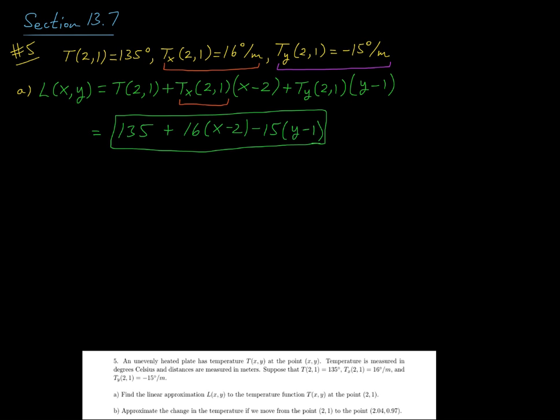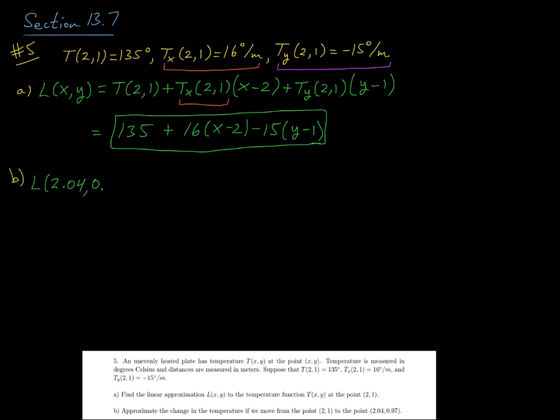And now, moving on to part B, it says, approximate the change in the temperature if we move from the point (2,1) to the point (2.04, 0.97). Okay, so one way to do this is just to use our linear approximation function we just derived. All I'm going to do is plug in the coordinates of this neighboring point.